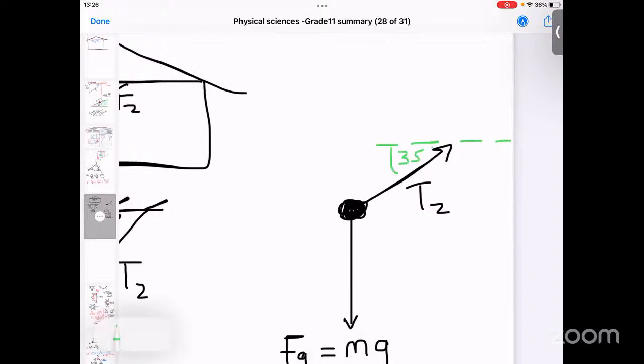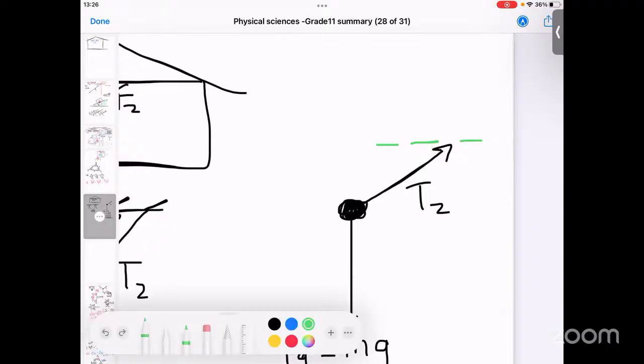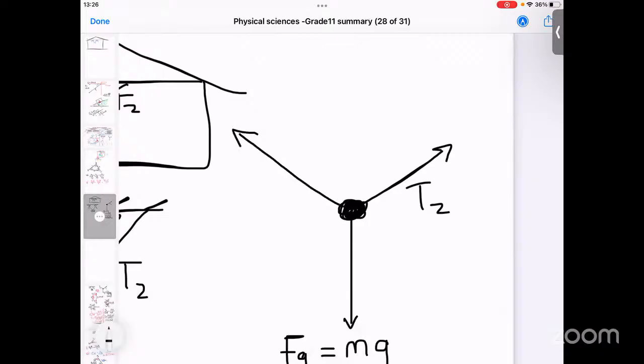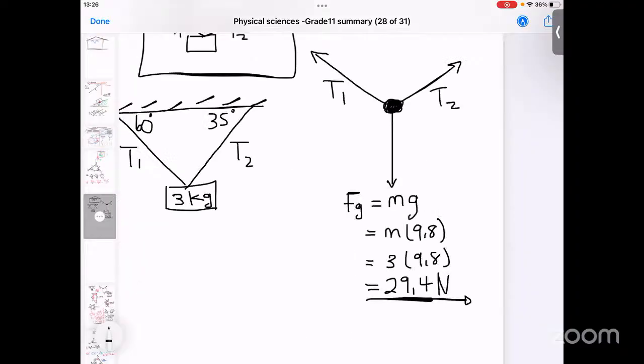So you don't need to show all this when you're drawing a free body diagram. I just wanted to remind you there. Then you have this one in that direction, which is tension number 1. Very, very important: the labeled free body diagram will have those arrows to show the direction of the forces, and you label those forces.